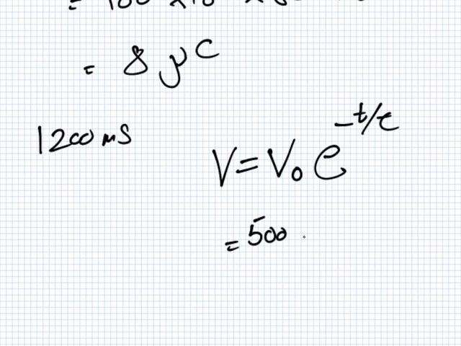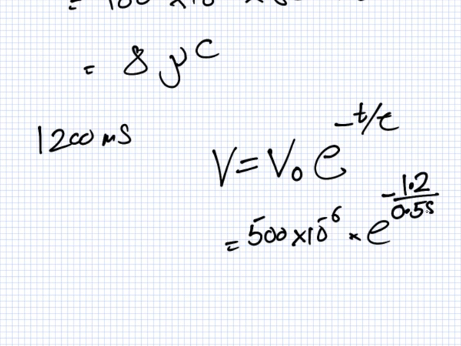Is it milli? Micro. And what's the time? Time is 1200 milliseconds, so 1.2 seconds. And what's the time constant? 588 milliseconds. So that's 0.588.